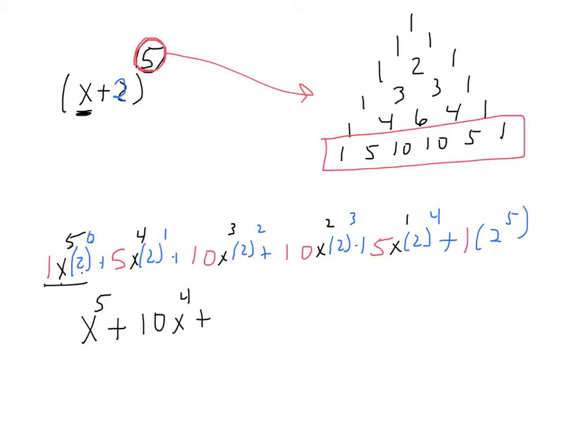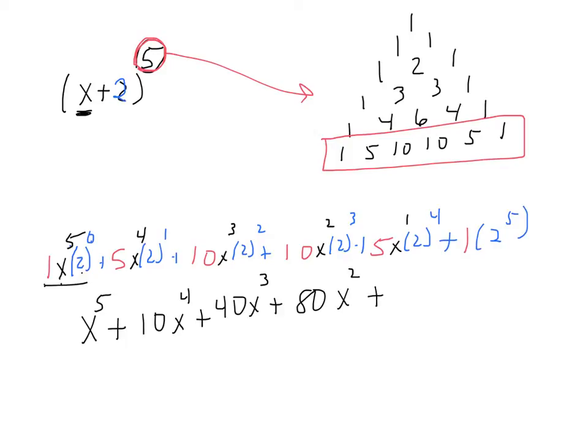On the next one, I have a 2 squared here, which is 4, that will get multiplied by this 10. So that will be 40x cubed plus, here I've got a 2 cubed that's going to get multiplied by the 10. 2 cubed, of course, is 8, times the 10 makes 80, x squared.